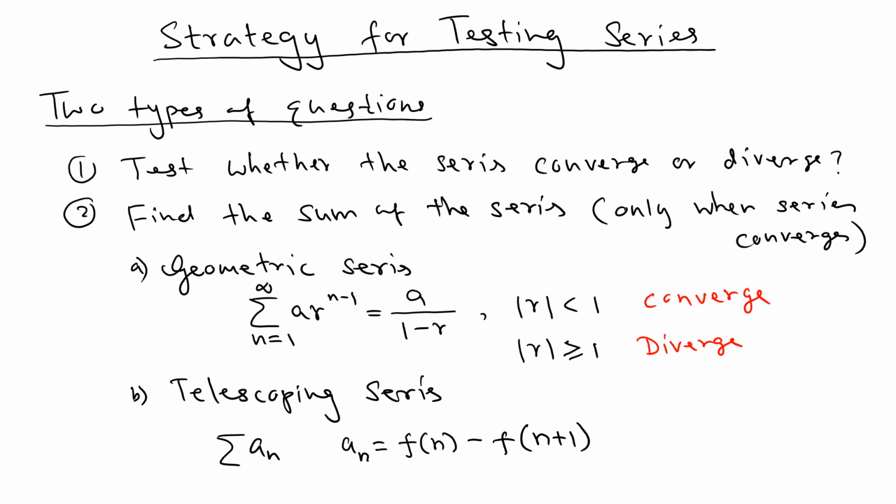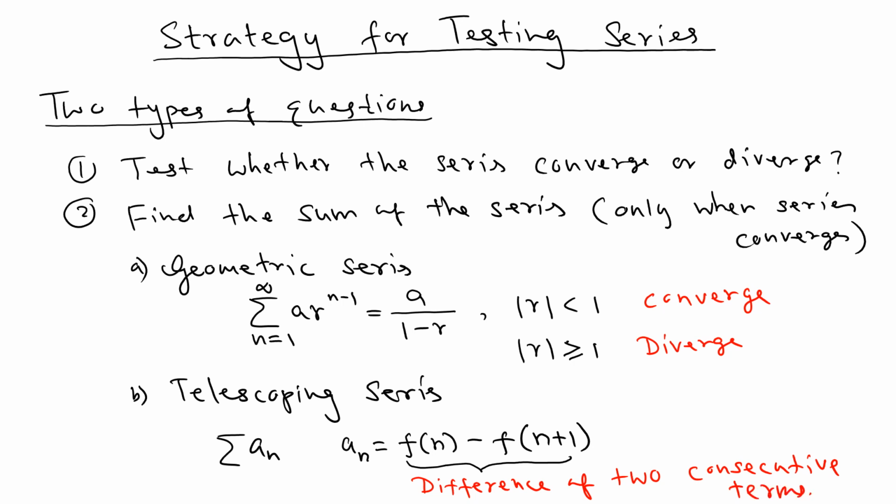So you can see this is a difference of two consecutive terms. If you can write the nth term as a difference of two consecutive terms, what we get is called a telescoping series.